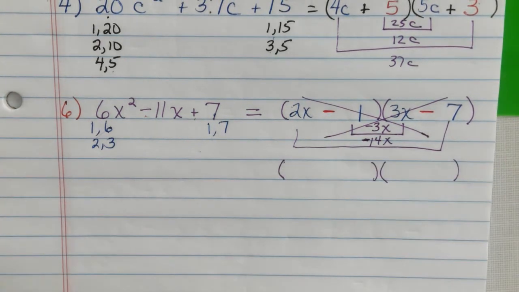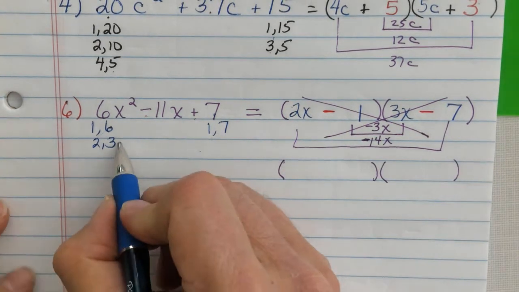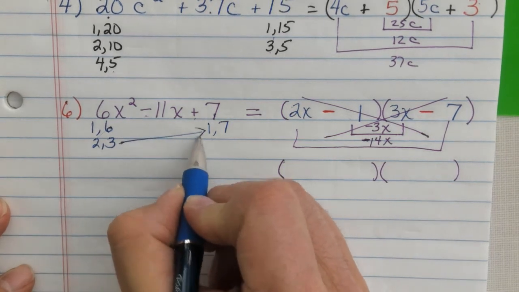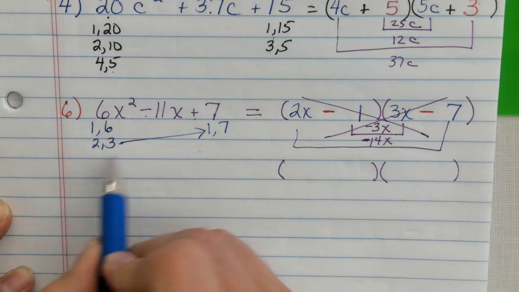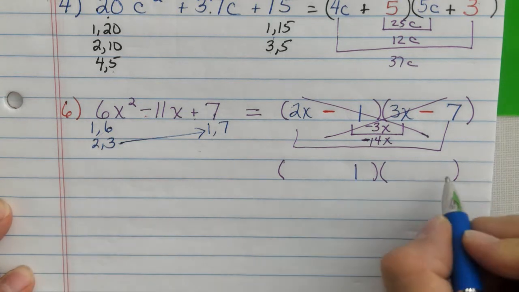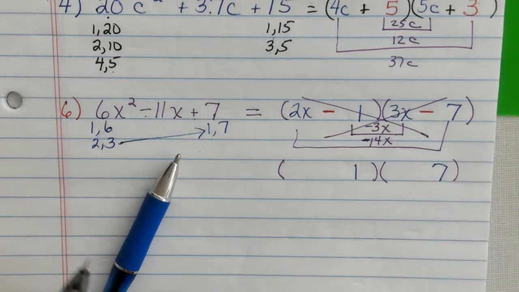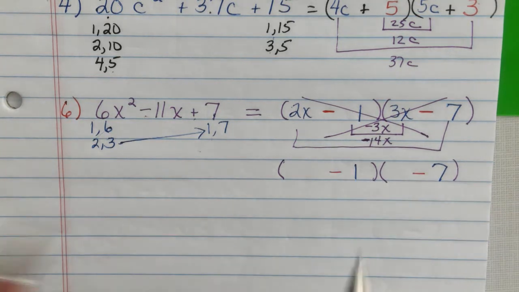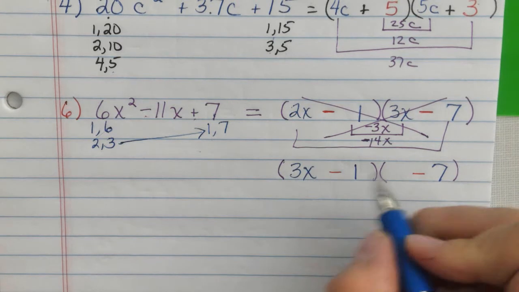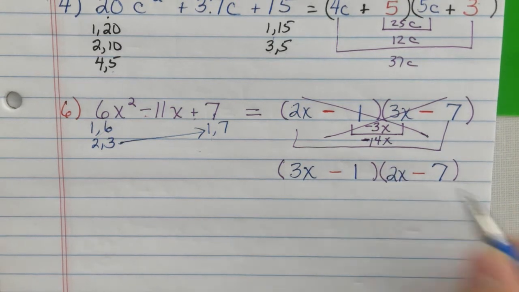What I'm doing is I'm pairing 2, 3 with 1, 6. And since that didn't work, I'm going to reverse the 1 and the 2 and the 3. I'll put the 3x here and the 2x there.